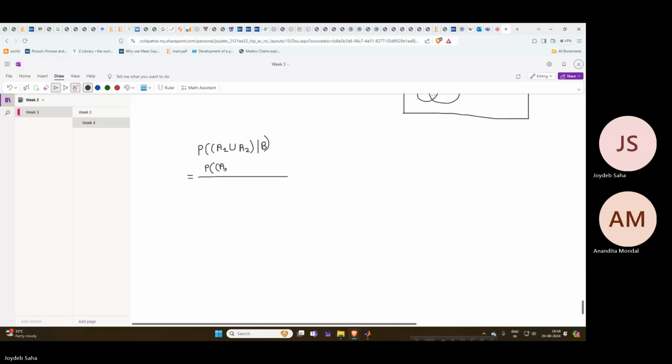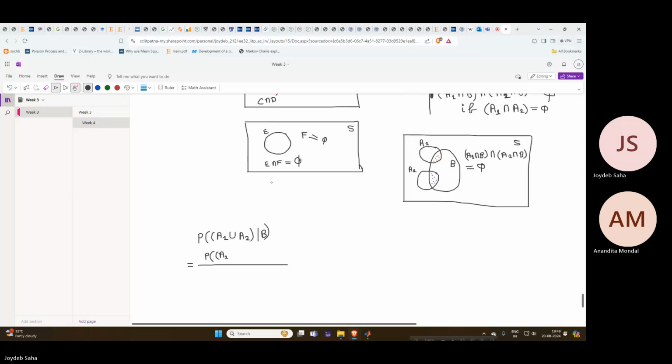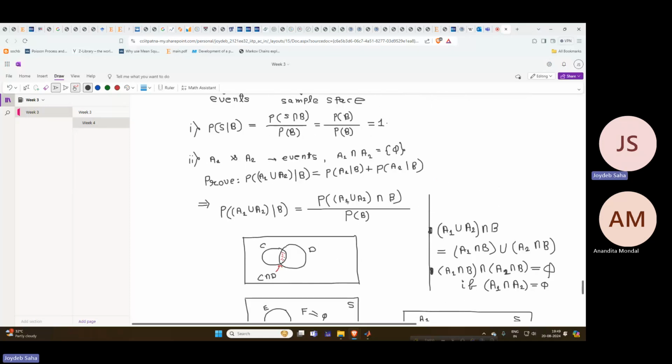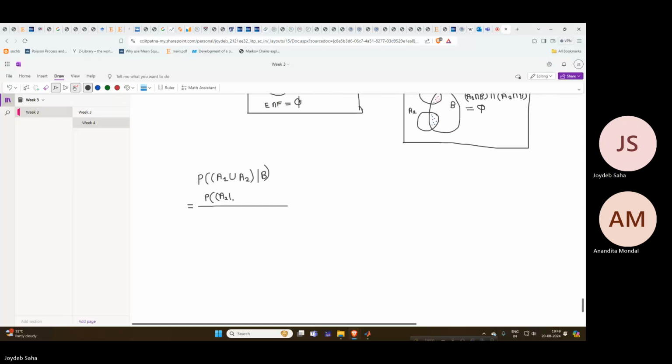A1 union A2 intersection B divided by P of B.